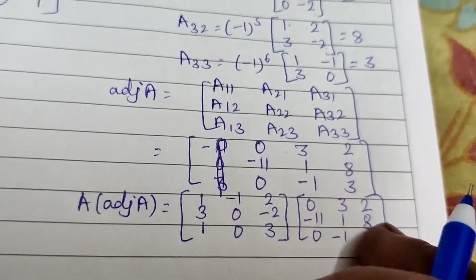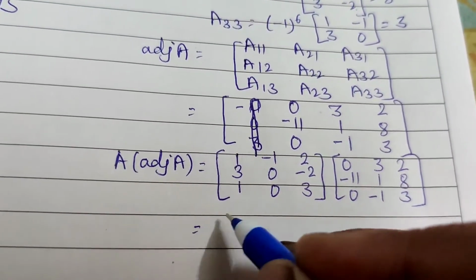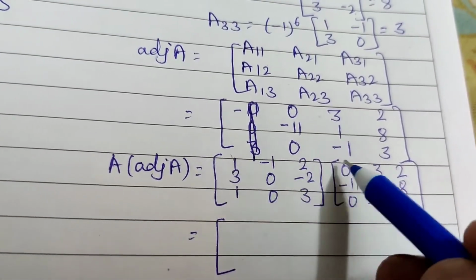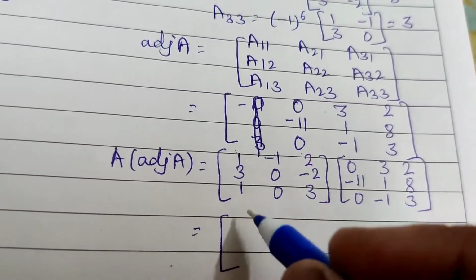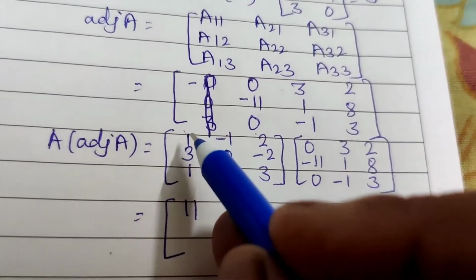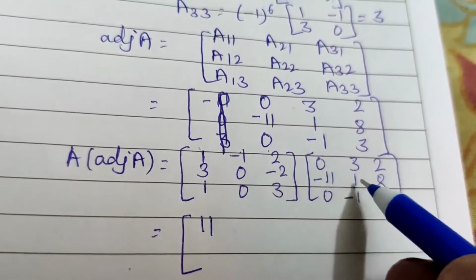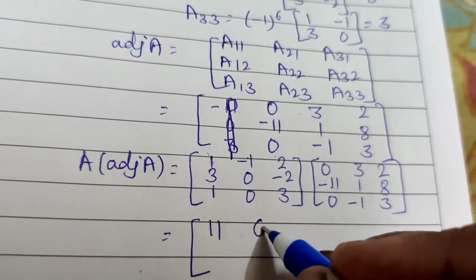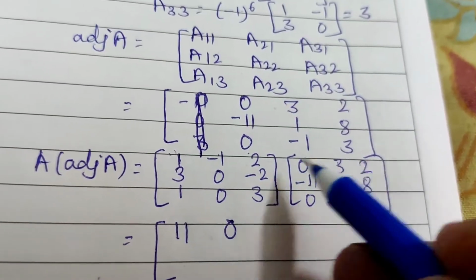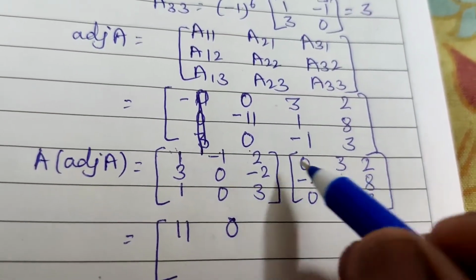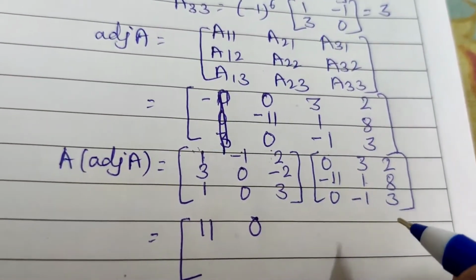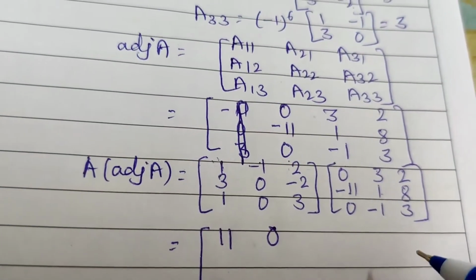Now multiply and you will get, multiply like this, 1 0 11 0, it is 11. Next 3 minus 1 minus 2, it is also 0. 2 minus 8 minus 6 plus 6, it is also equal to 0.